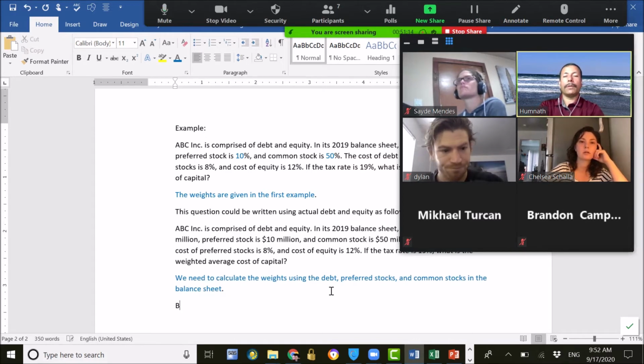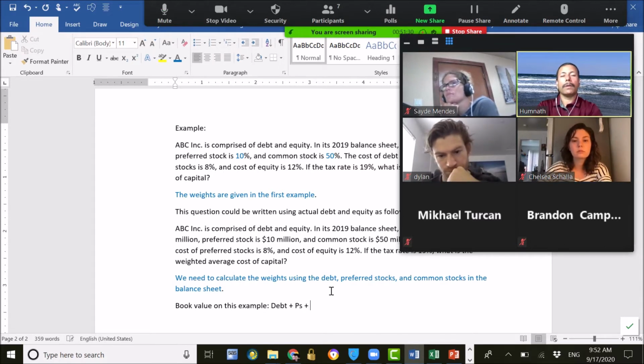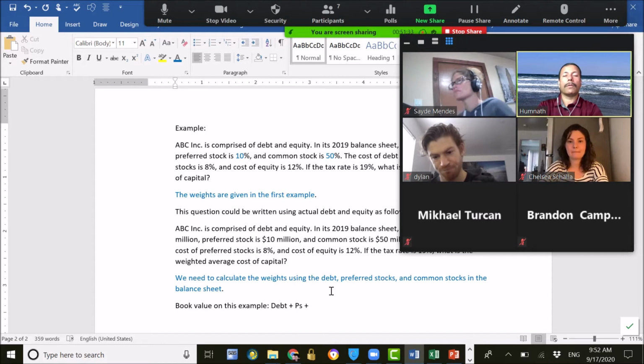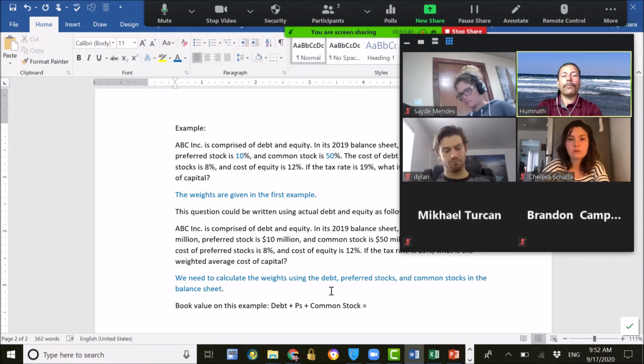Book value of this company: we have debt plus preferred stock plus common stock. In the second example we put 40 million plus 10 million plus 50 million, which is equal to 100 million.